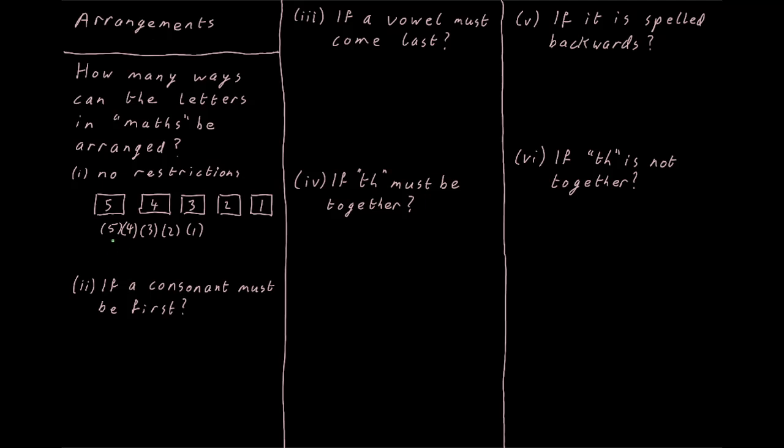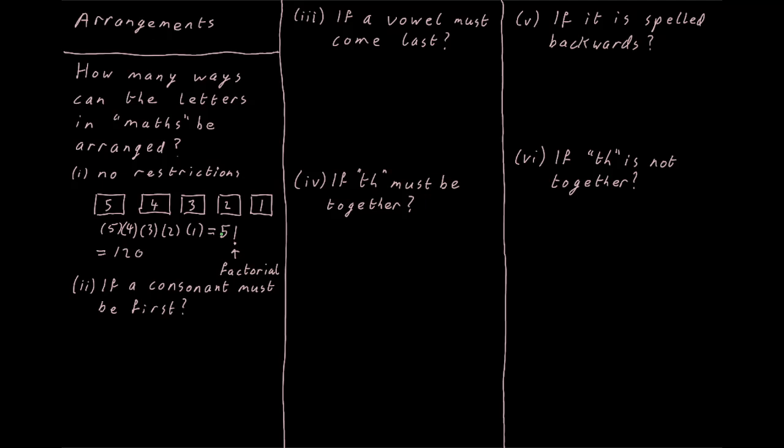Now we can see a pattern here. We have 5 by 4 by 3 by 2 by 1. This actually has a special name in maths, and it's a button on our calculators as well. It's called 5 exclamation mark. The exclamation mark is called factorial. It's a button on our calculator that can save us a little bit of time, but we can also just multiply all of these numbers together and we get a total of 120.